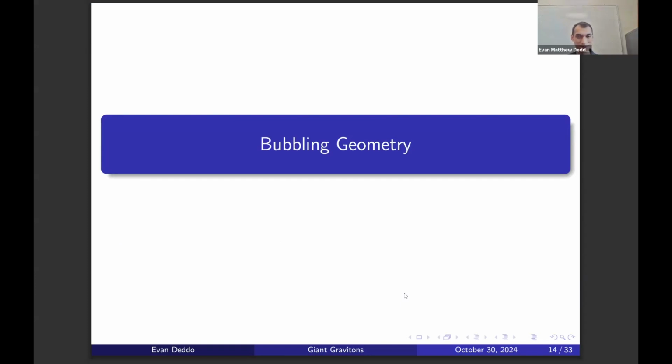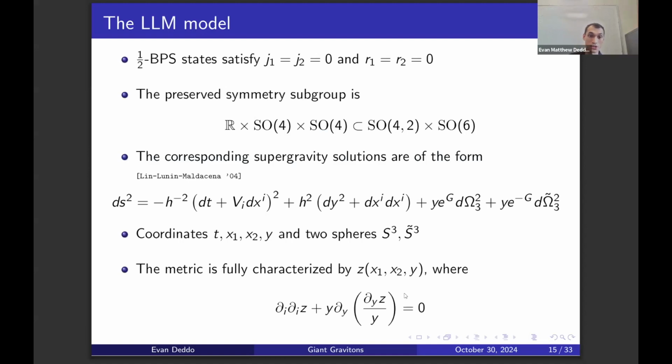This parameterization is called the bubbling geometry, or the LLM model, by Lunin and Maldacena. So this is from 20 years ago. Basically, the idea here is that we know in field theory that the half-BPS states satisfy this condition where these charges are zero. Because of this, we know that the full symmetry group of super Yang-Mills is broken down.